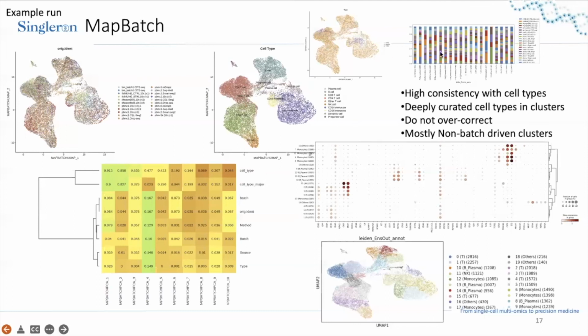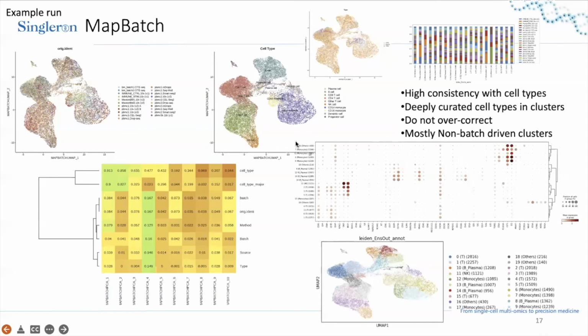And part of the MAP-Batch standard output shows the overlay, for example, of the samples with regard to the clusters. So here on the right side, each of the columns represents each of the clusters, and the colors represent each of the cells. Actually, we can see the MAP-Batch result is highly consistent with the cell types as shown in this UMAP, and it returns deeply curated cell types in clusters.